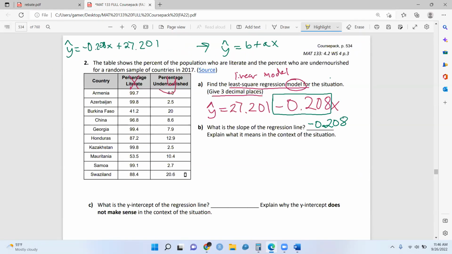So does anyone have that sentence, or do you need a second to try to write it? I got it. Go. On average, if the percent of literate citizens increases by 1%, percent of the undernourished is expected to decrease by approximately 20.8%.